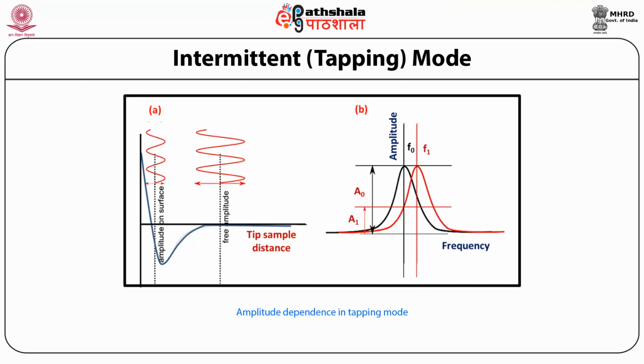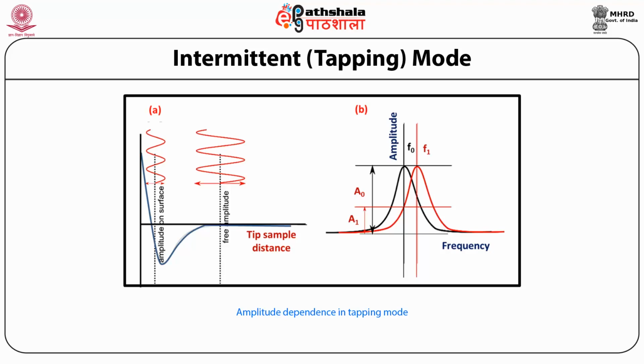Using the change in amplitude as a feedback parameter is called operating the AFM in amplitude modulation mode. One can also track the shift of the resonance frequency of the cantilever when it approaches the surface. That is called frequency modulated mode.